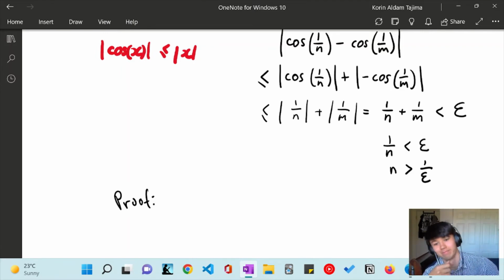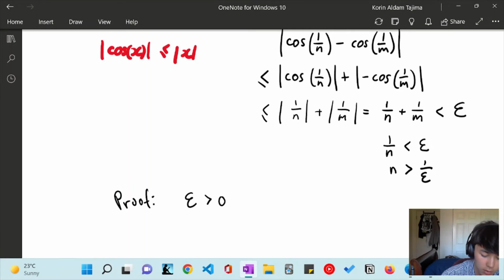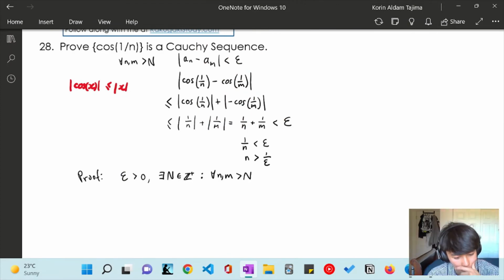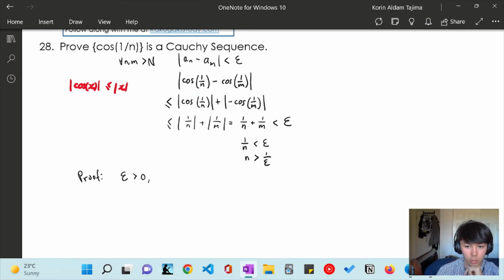how does this work? For all, no. So you want an epsilon greater than 0, and okay, so this was how you write the convergence of a sequence proofs, not Cauchy sequences.